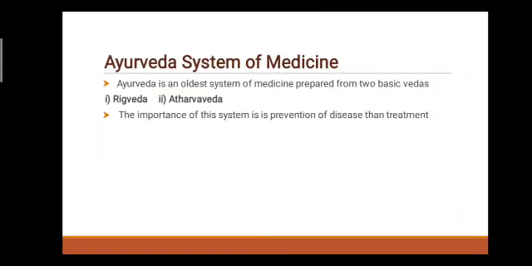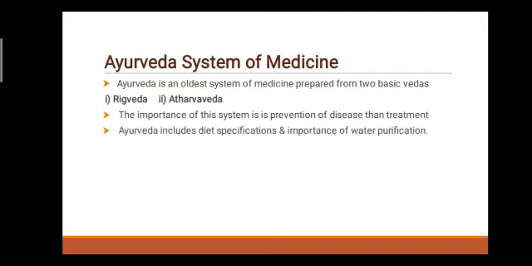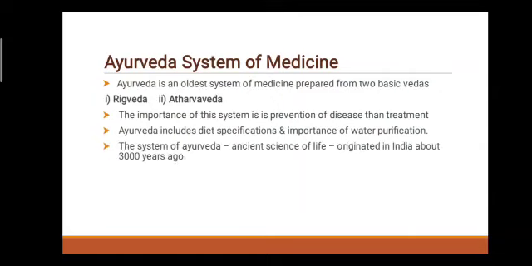The importance of this system is prevention of diseases rather than treatment. Ayurveda includes diet specifications and the importance of water purification. The system of Ayurveda, the ancient science of life, originated in India about 3000 years ago.